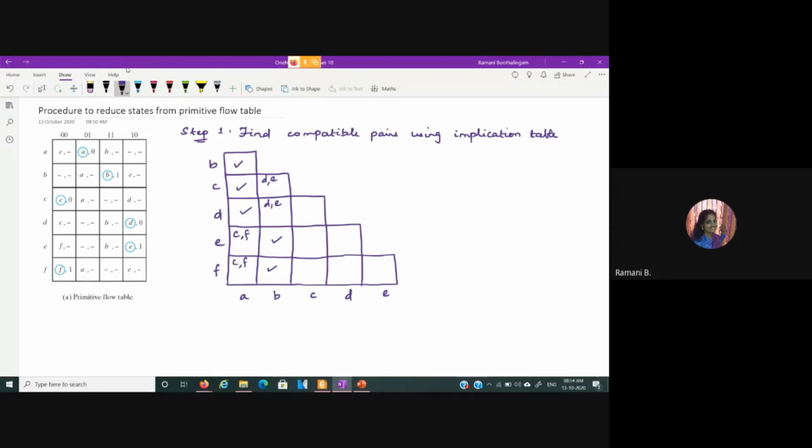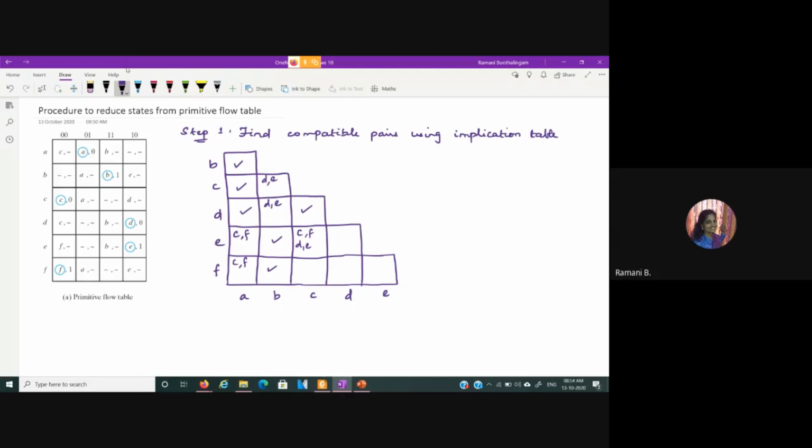Then comparing C with D, we don't have any issue. With C and E, this is C comma F and this is D comma E. Then comparing C with F, you can see that both C and F are stable states.